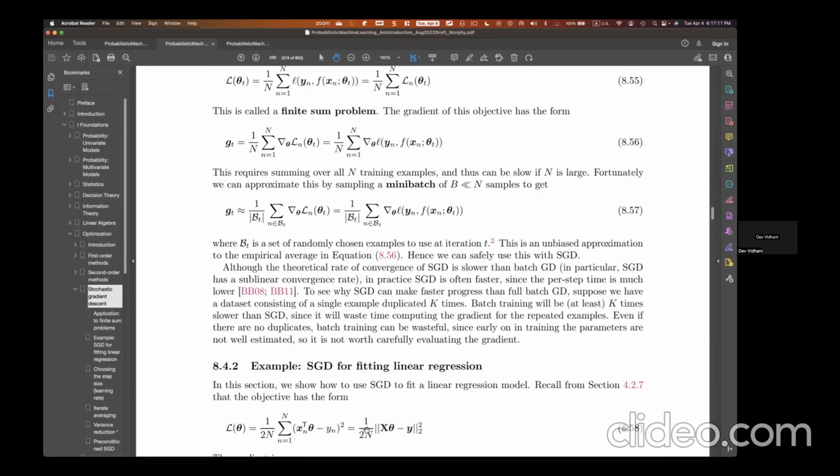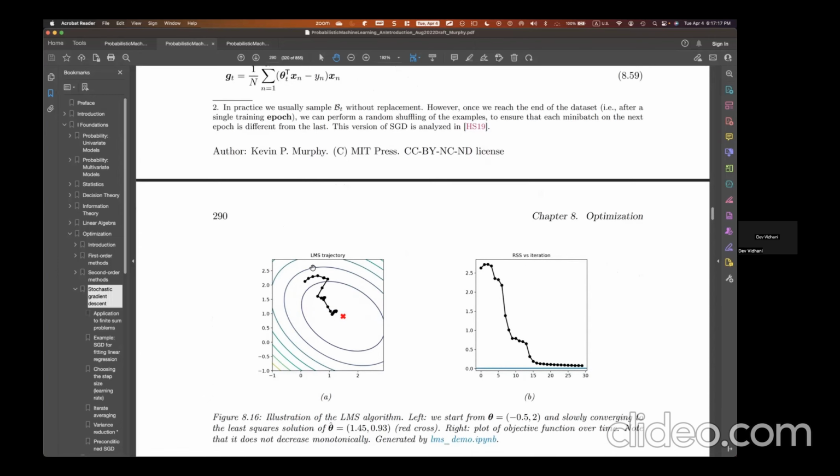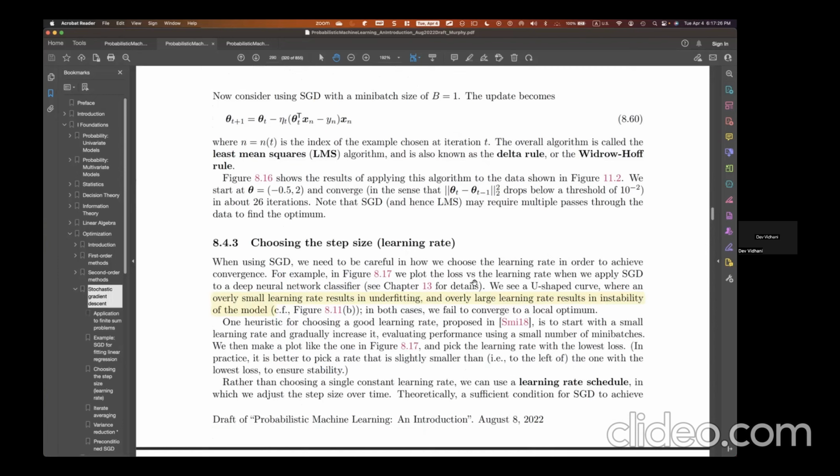This is the classic equation. I'll not go through the derivation of that. People should know that. This is for the function where you have the LMS, the least mean squares algorithm.